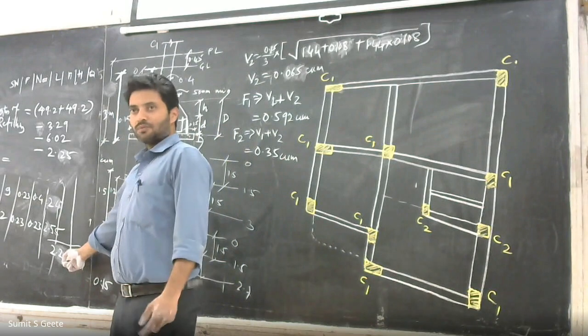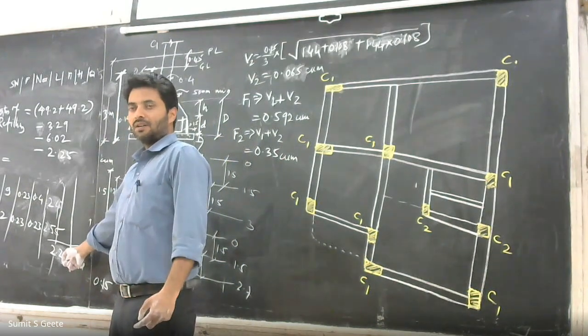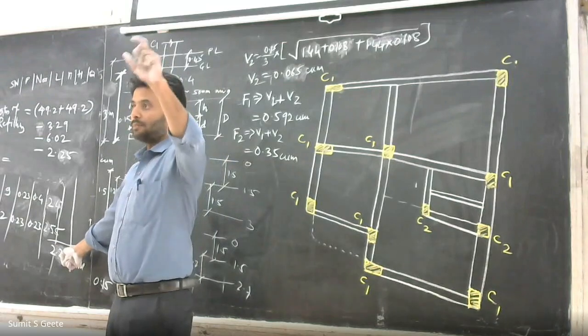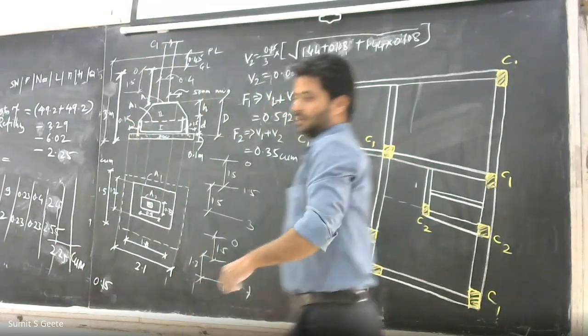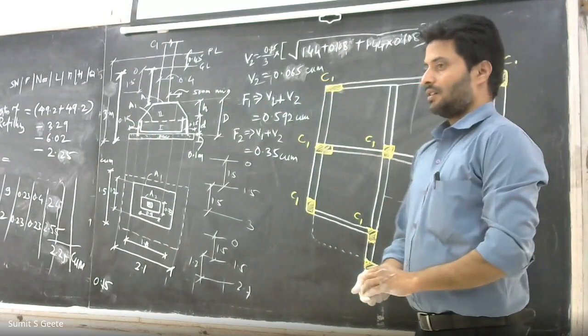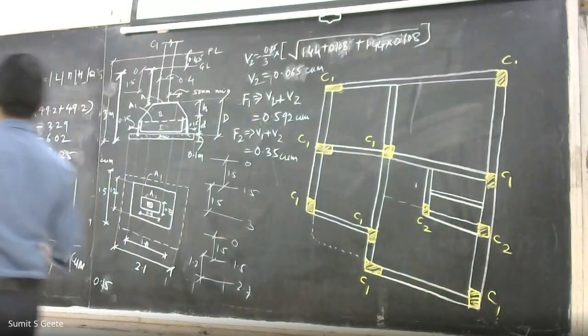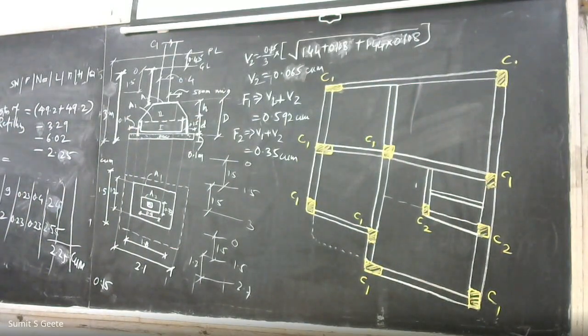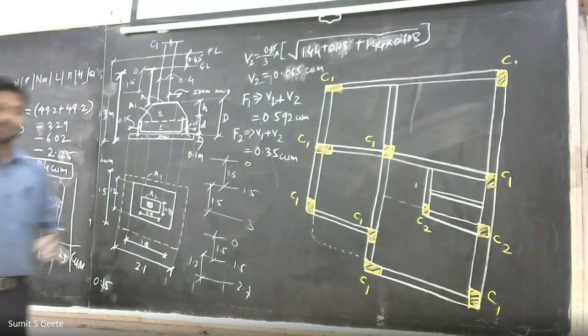I want this, column volume of column up to GL. कितना है? सॉरी, 86.84. ठीक है.